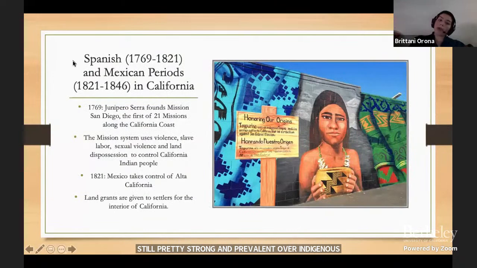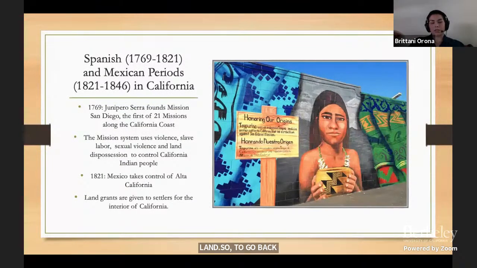So to go back to the very beginning of colonization in California, it's parceled out into different time periods. There's the Spanish period from 1769 through 1821, which starts with Junipero Serra founding the Mission San Diego, the first of the 21 missions along the California coast.